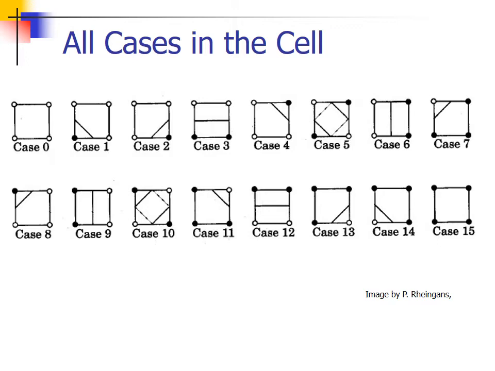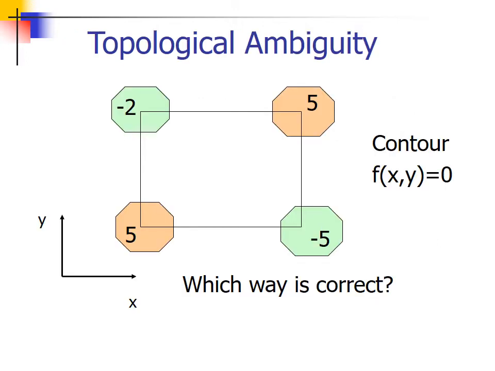This lookup table is used in an algorithm called marching squares, a simplified two-dimensional version of the marching cubes algorithm. There is a topological ambiguity in the case of 4 intersection points, because we have two ways of connecting the points. How can we solve this ambiguity? Which way is correct? We will try to answer that question.